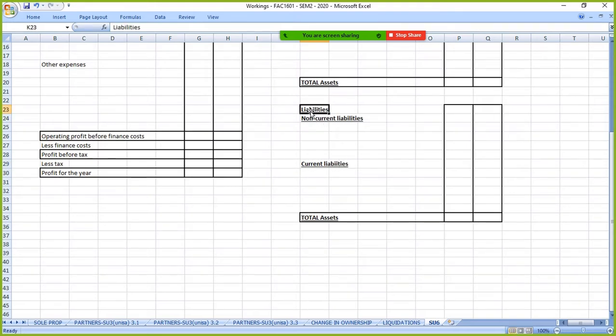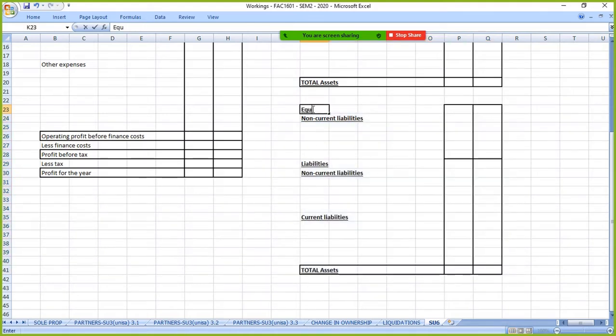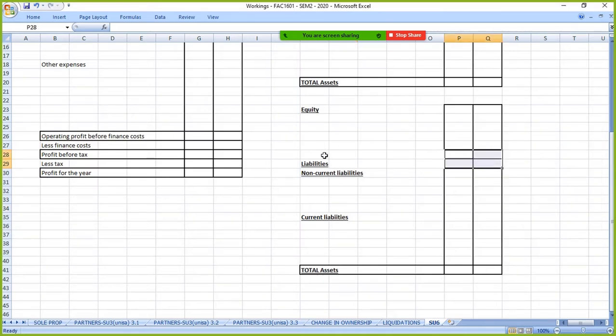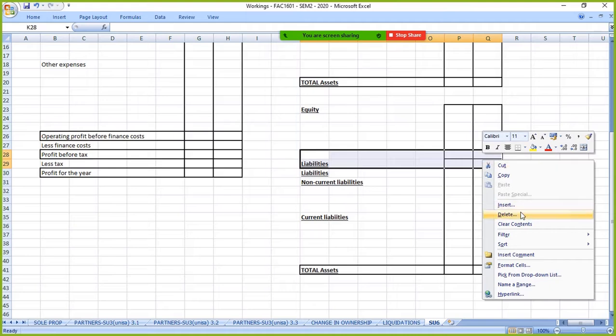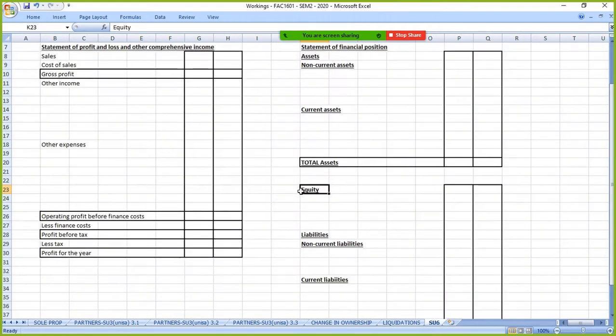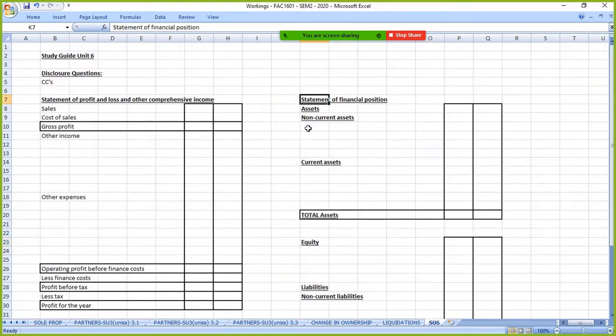Okay, we just need equity. Let's just move it down. Actually, that's fine. We'll just delete this. Right, and that's it. Oh, forgot the SOCI. We need that.